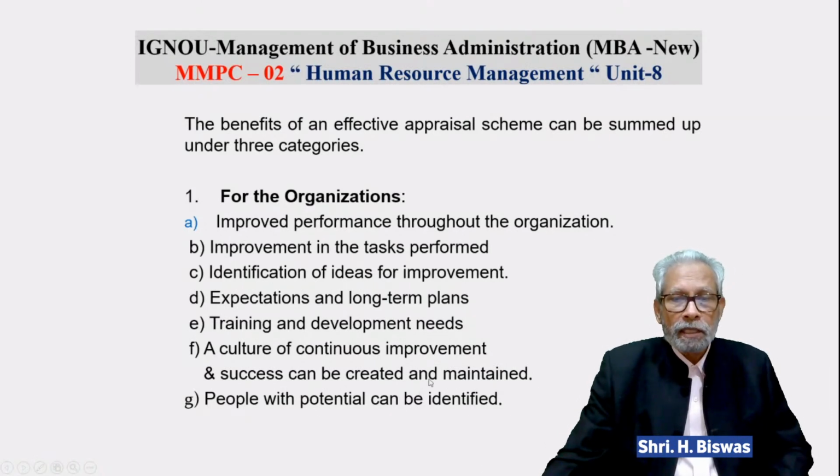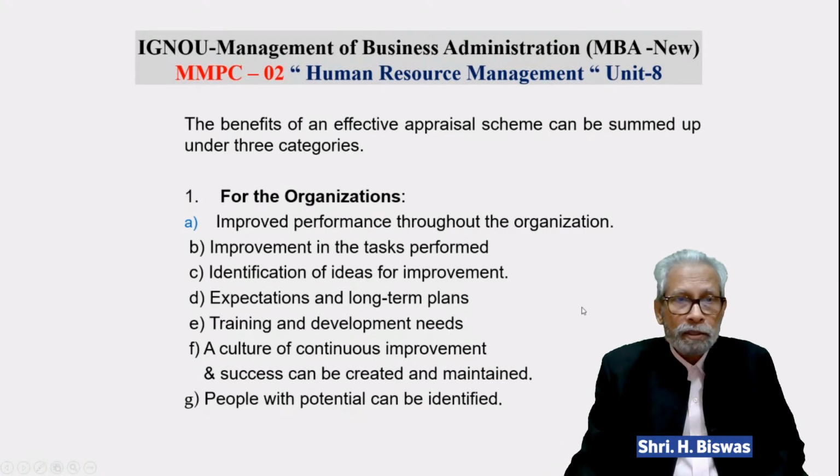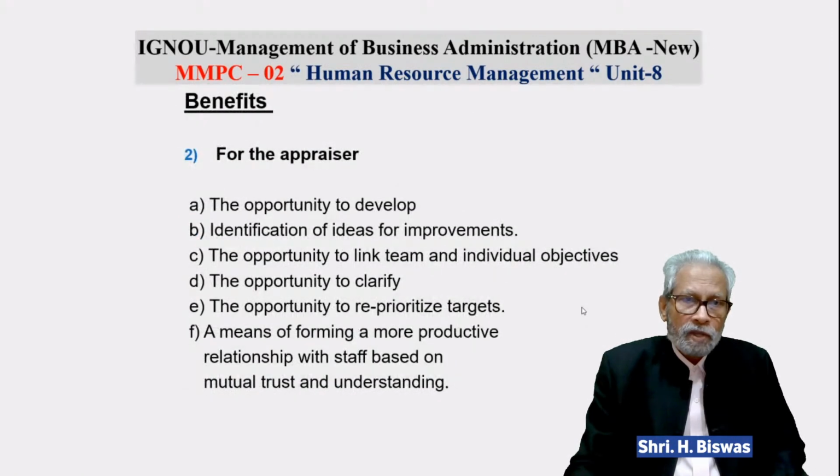People with potential can be identified. Here is also a very important thing, potential. Until and unless you go through this appraisal system process, you cannot trace the potential where it is hidden. Some of these hidden sources come up with a very good level of things. So all these things are very important and beneficial parts of the personal appraisal systems.